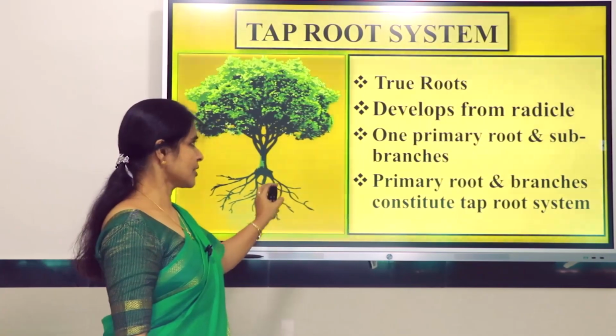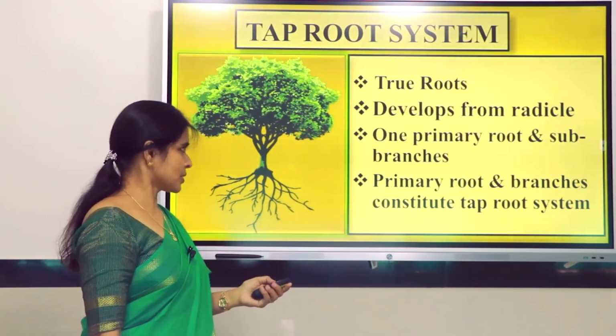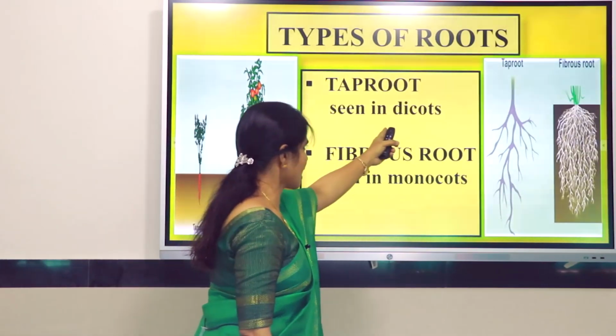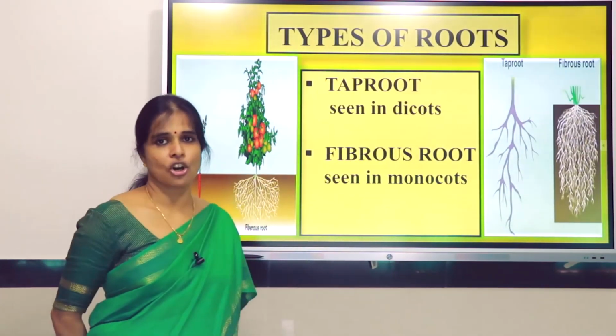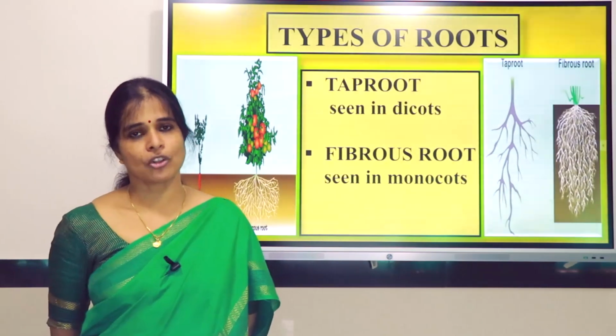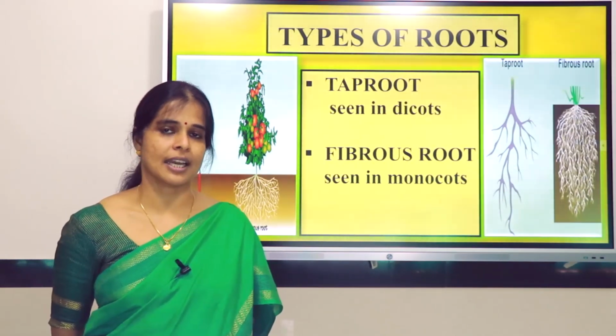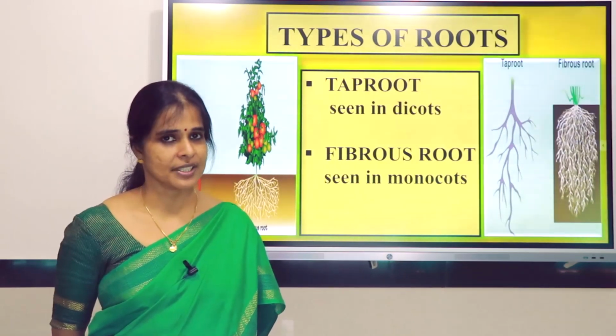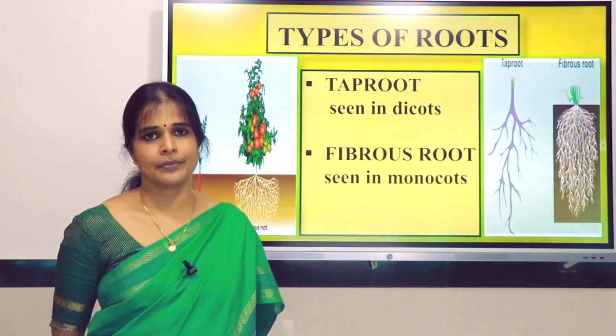They are generally known as the true roots, and the taproot is generally seen in dicot plants. There are two types of plants, monocot plants and dicot plants, based on the number of cotyledons present in the seed.